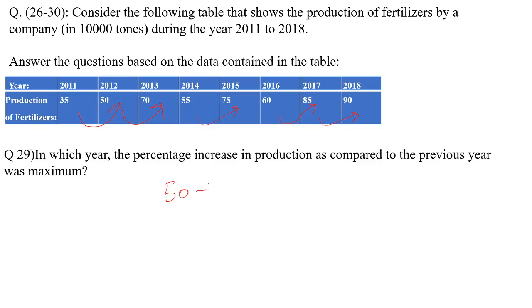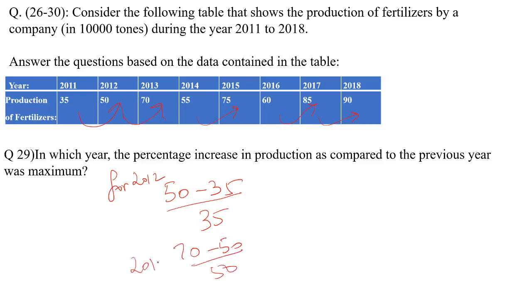So 50 minus 35 upon 35 for 2012. Another is 70 minus 50 upon 50 for 2013.